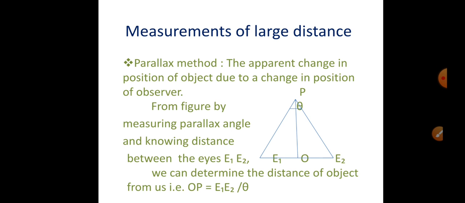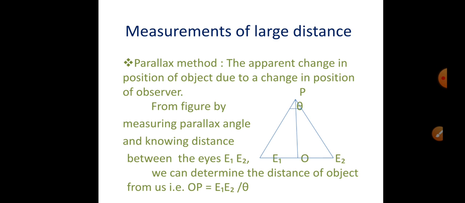Large distances means distances like the distance of a planet from the earth, or the distance of a star from the earth. These are very large distances, so we can't measure them directly with a meter scale. For determining these distances we use a method called the parallax method.